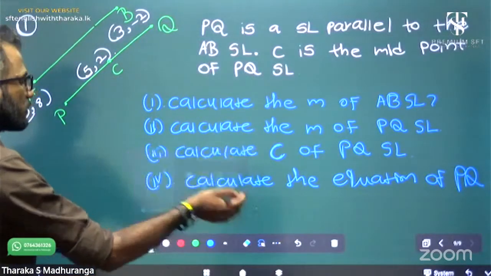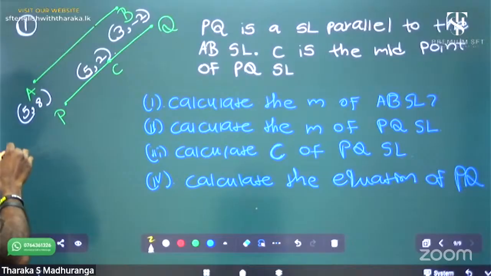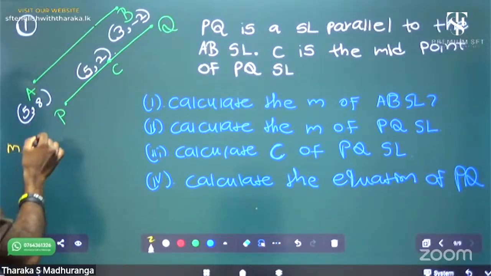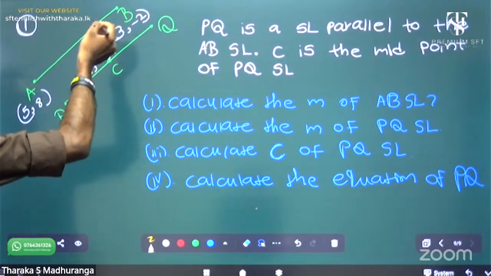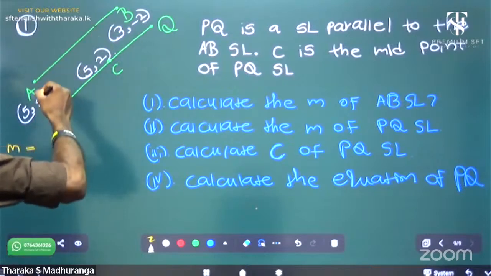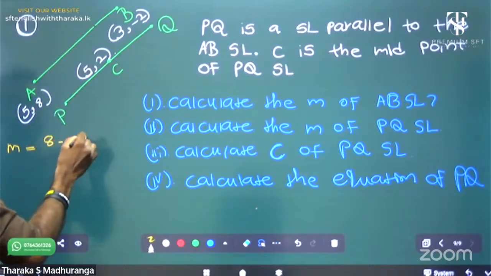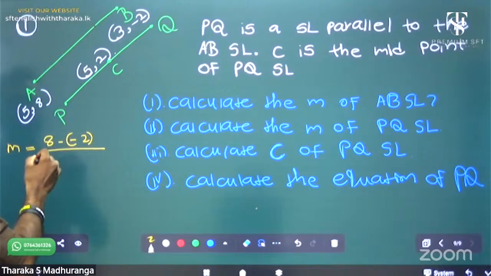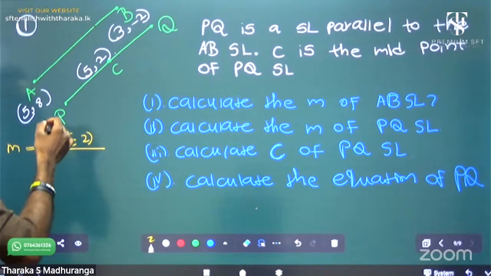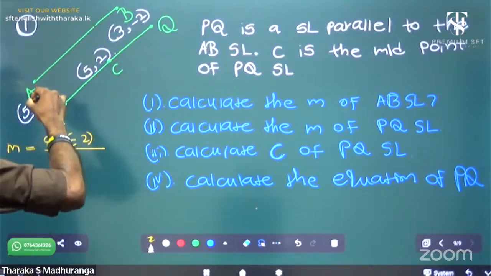The gradient of AB straight line, both points are given. Then gradient equals y2 minus y1 over x2 minus x1. 8 minus, I'm going in this direction, 8 minus 2. Any direction you can go, but both x and y you have to take in the same direction.